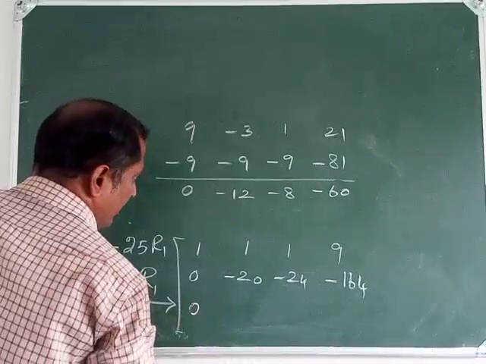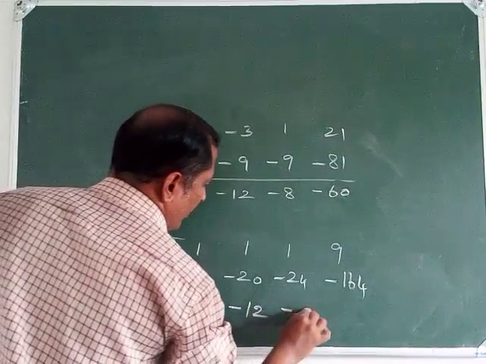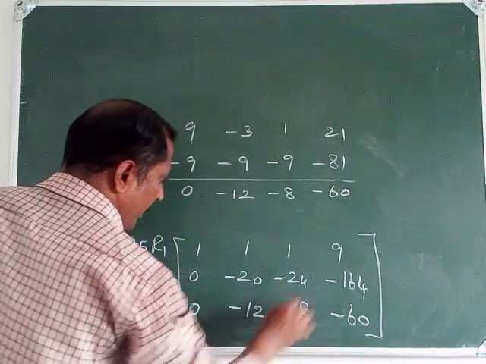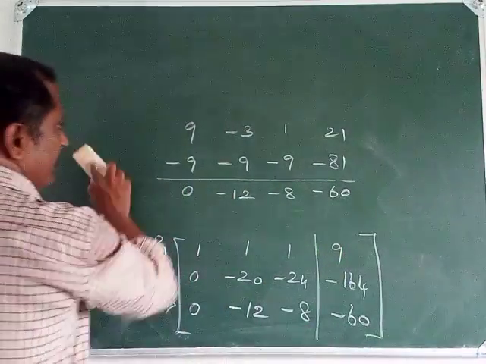So the third row elements are 0, minus 12, minus 8, minus 60.